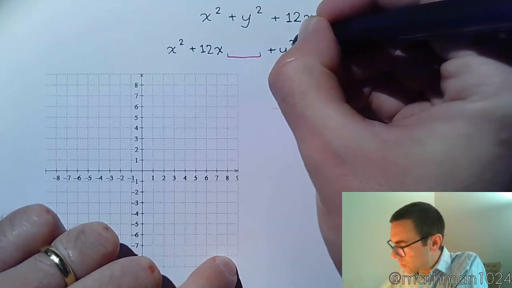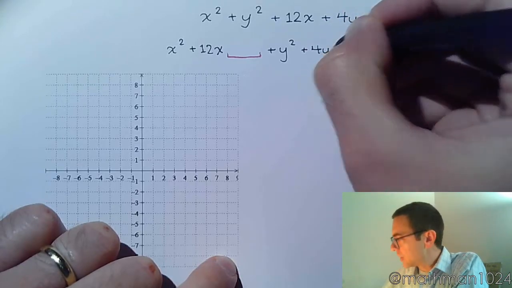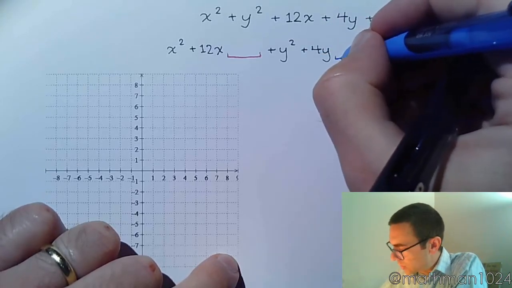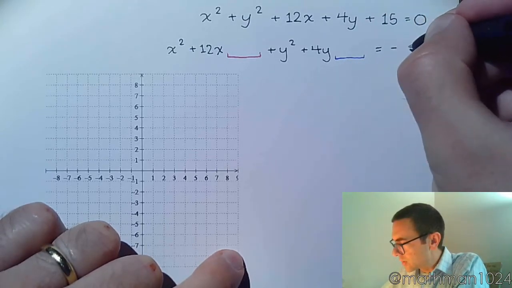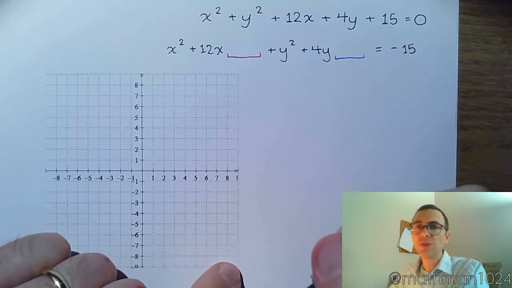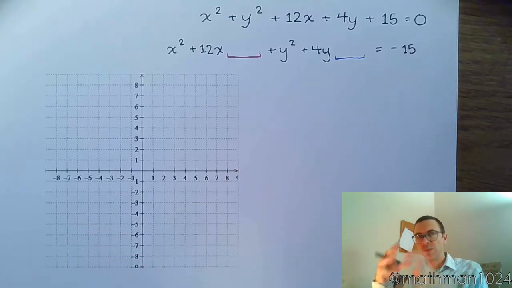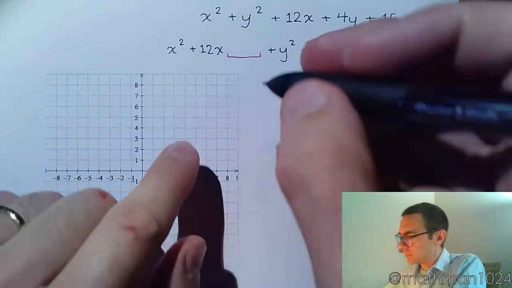We have plus y squared plus 4y. And again, we're going to leave a gap. And we're moving the 15 to the other side, so that's minus 15. So again, it's rearranging the terms to put the x's together, the y's together, and moving the constant to the other side so that we can now complete the square.